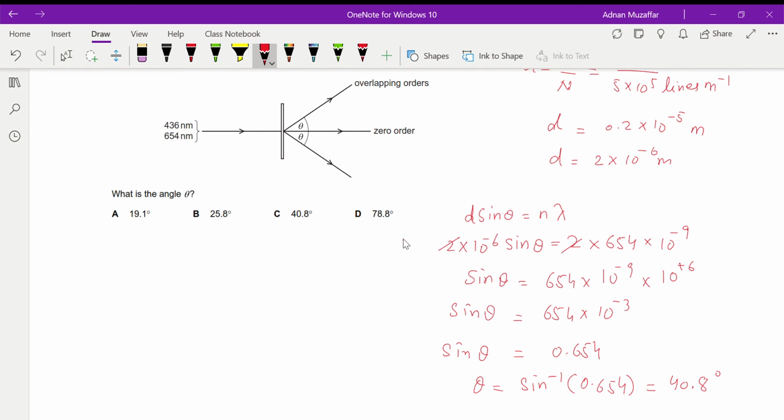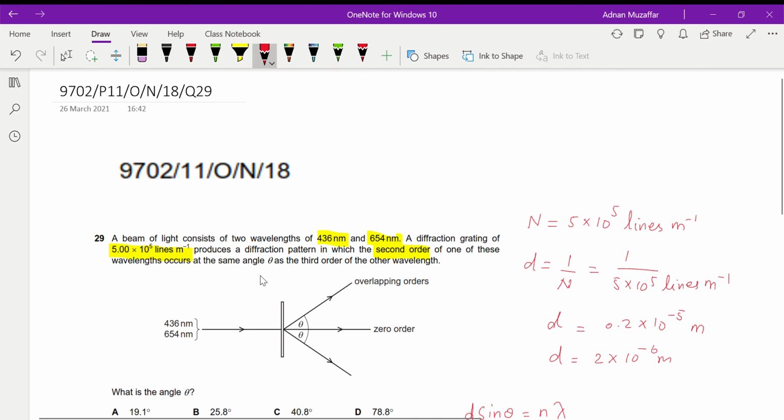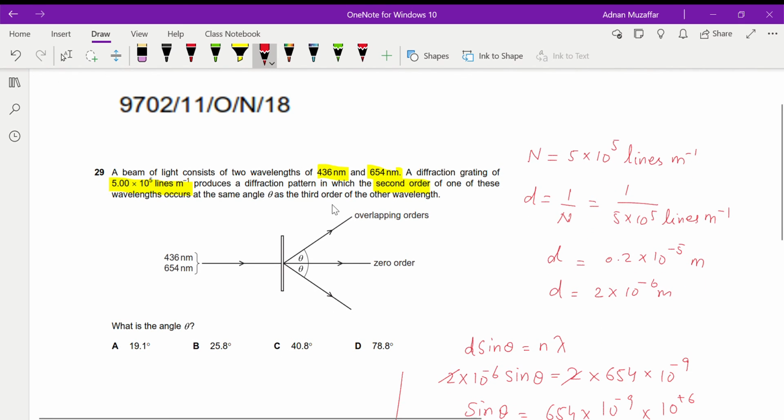So similarly, now I need to do the same working for the other order. They mentioned here, where were we? We were here till this part of the statement: at one of these wavelengths occurs at the same angle theta as the third order of the other wavelength.